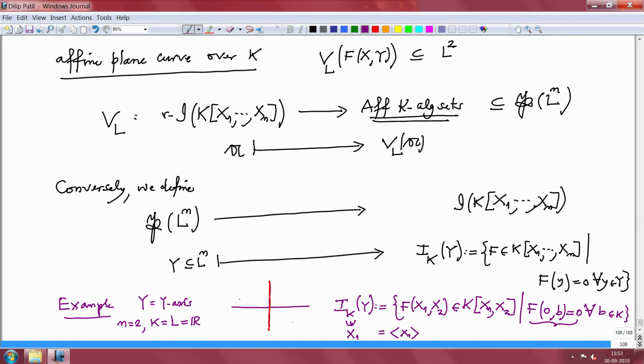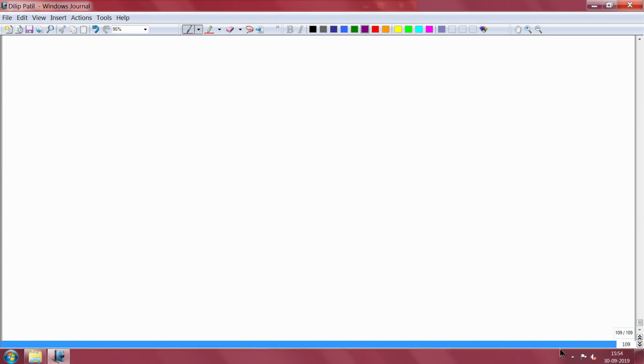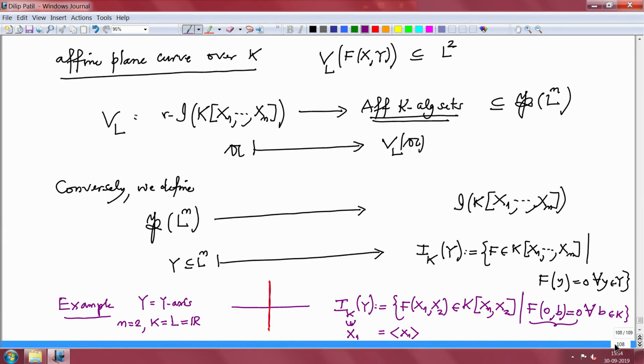Alright, now once you have a topology, another thing I want to raise: we have defined this map, and the name I will give it is I_K.